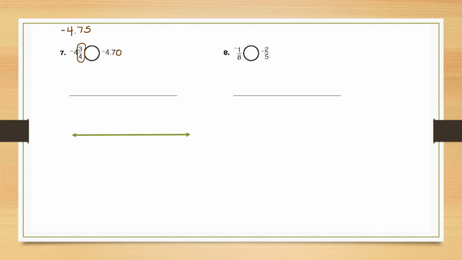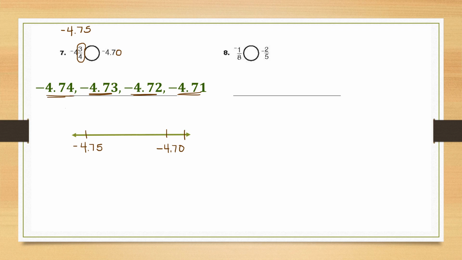So on our number line, I would have -4.70, and here I would have -4.75. Here are some numbers that we could have between these two: negative 4.71, negative 4.72, negative 4.73, negative 4.74, and that takes us back to negative 4.75.